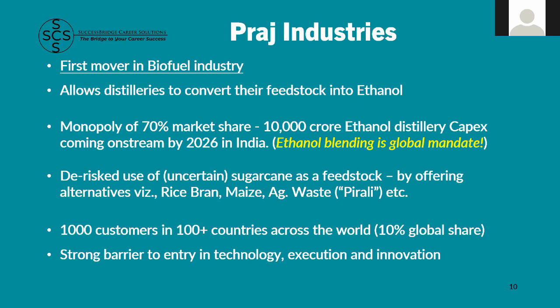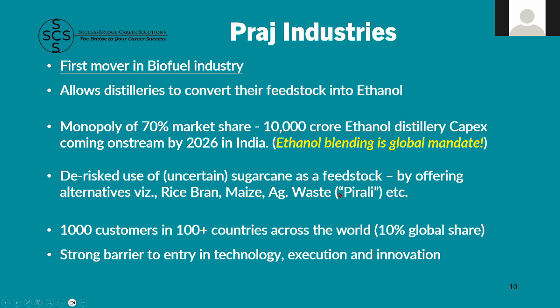One thing is that they have very intelligently de-risked the use of sugarcane as a feedstock. Their R&D quickly took up this challenge, and so they have de-risked the feedstock problem by offering alternatives to sugarcane. That is rice bran, maize, which is corn or butta, and agricultural waste.